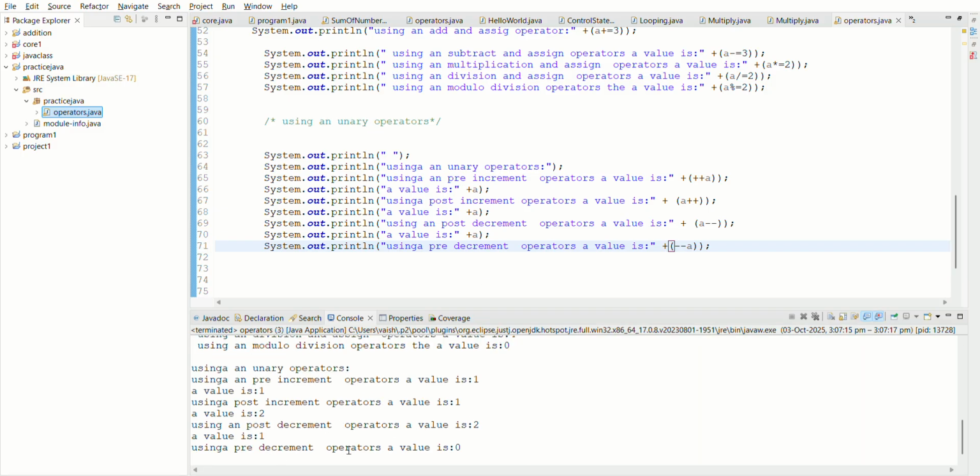Right? So using a pre-decrement, the a value is 0. Pre-increment means it increments the value by 1, and only then it prints.